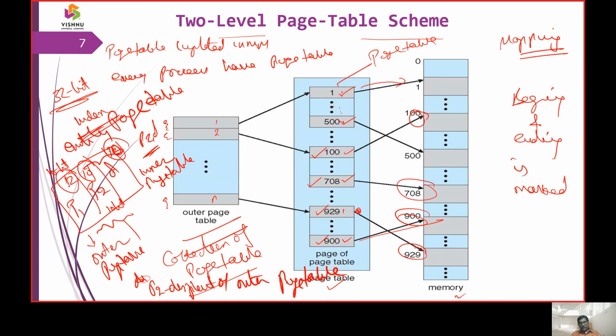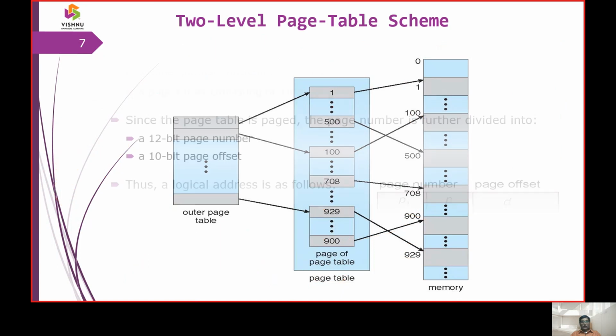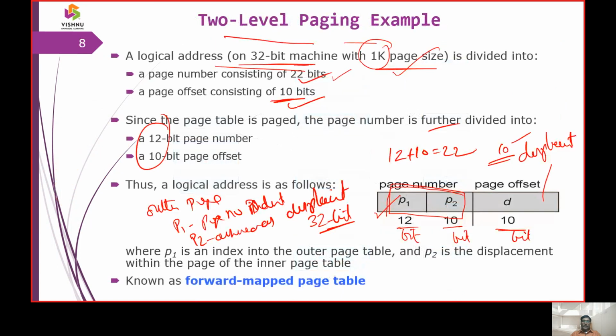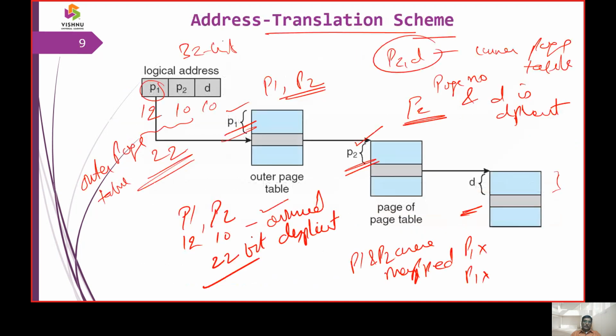So it is organized in a two-level way. And how an entity is going to be notified in this page example was, one with the outer table and another one with the inner table.